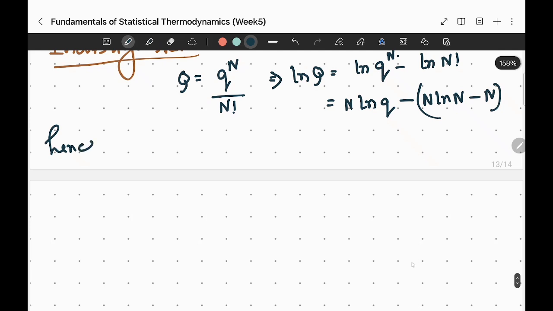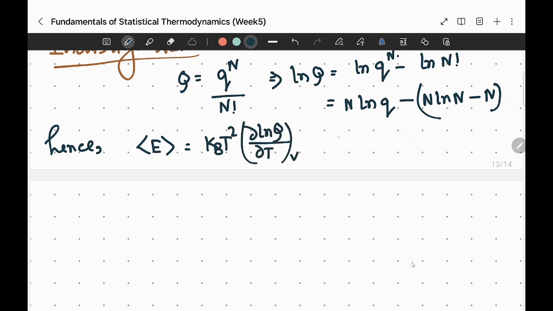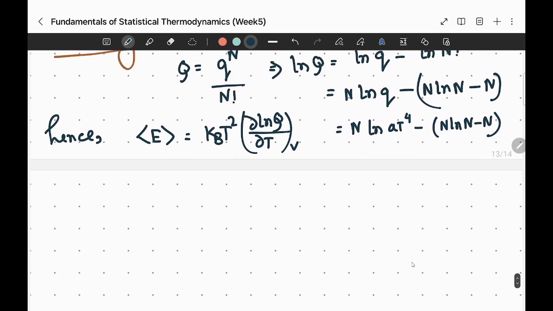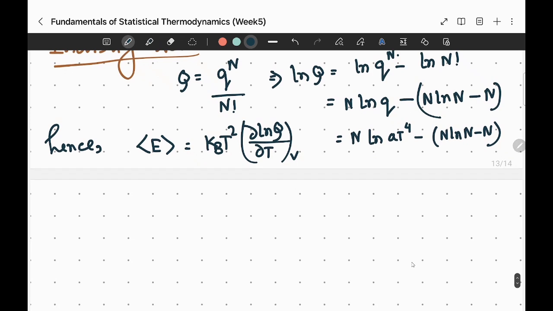Hence, what was our internal energy? k_B T squared d ln Q dT at constant volume. So we can simplify this: ln of aT to the power 4 minus N ln N minus N. This is constant. Which one is constant?